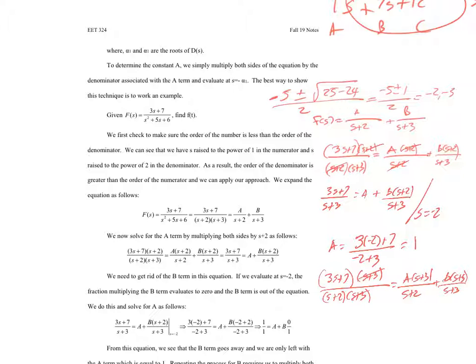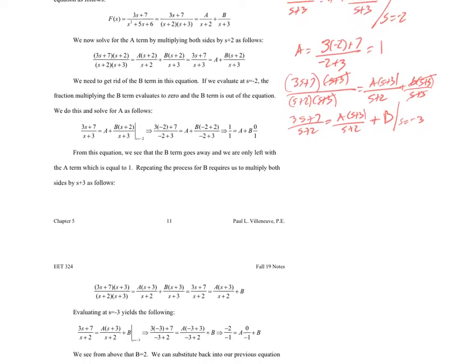Cancel out my s plus 3's. I have 3s plus 7 over s plus 2 is equal to a times s plus 3 over s plus 2 plus b. Is there anything I can multiply to get rid of the a term? Yeah, if I evaluate at s equal to negative 3, I'm going to get rid of my a term.